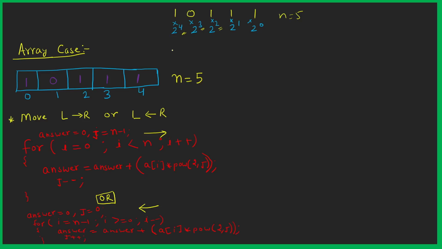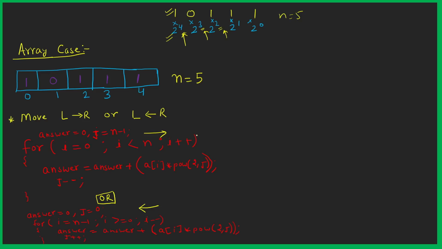Now the question is how to generate this 4, 3, 2 and so on. We can relate this to n. In this case, n equals 5. That means we have to start the exponent, or power, from 4, that is n minus 1.